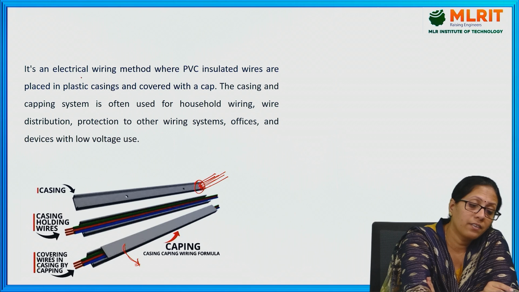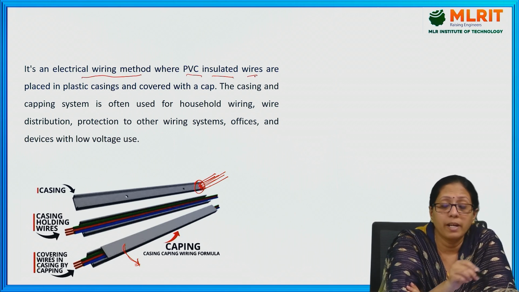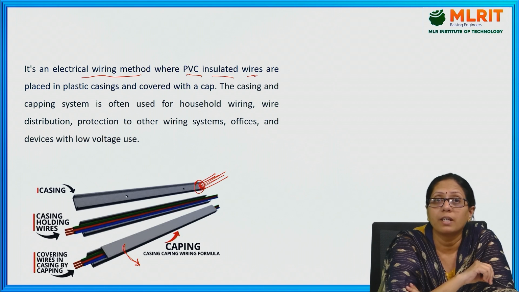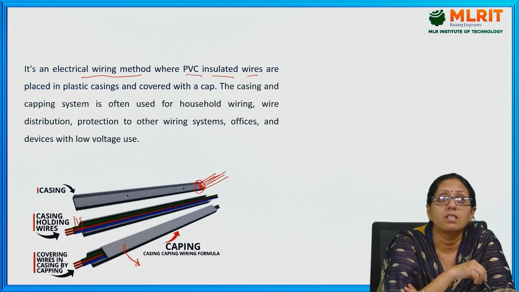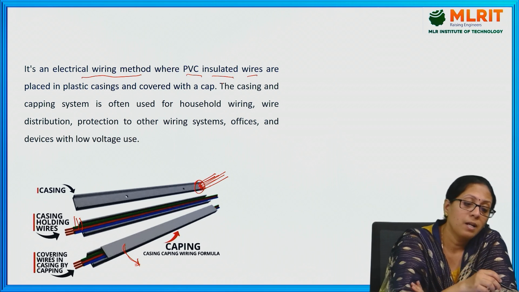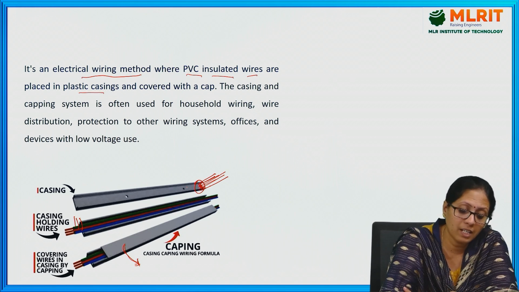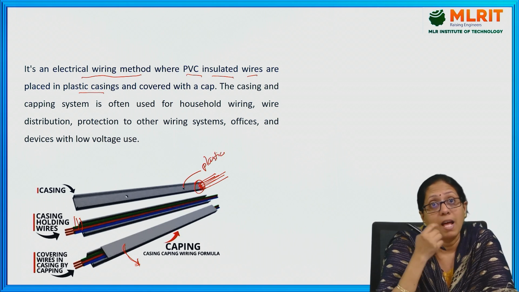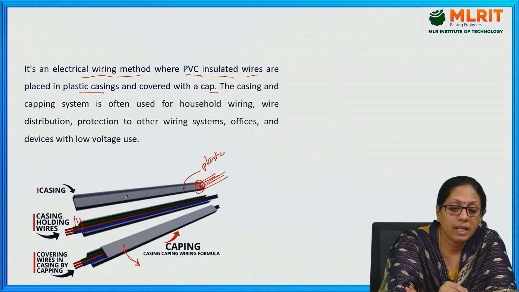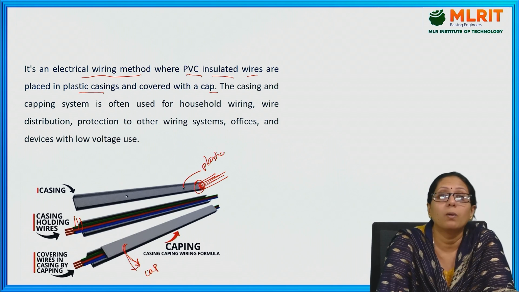It is an electrical wiring method where PVC insulated wires, here you can see 3 wires of 3 different colors, are placed in a plastic casing. This casing is made up of plastic and is covered with a cap.